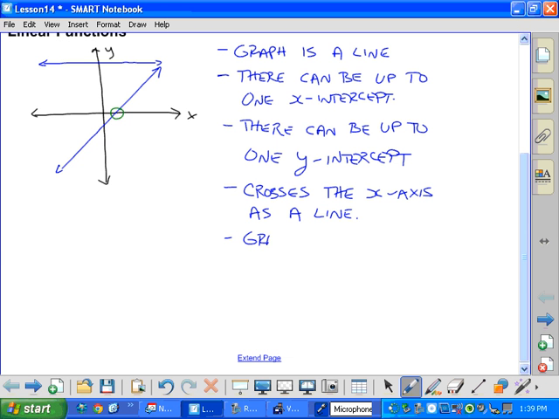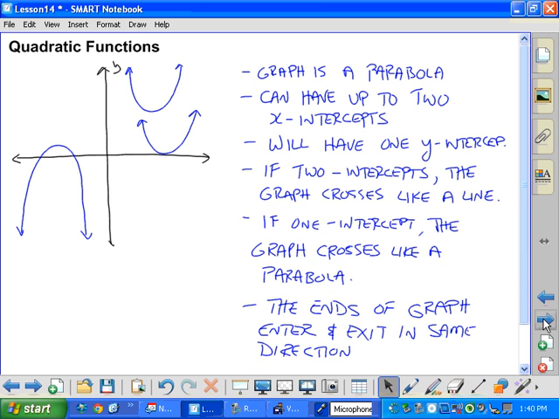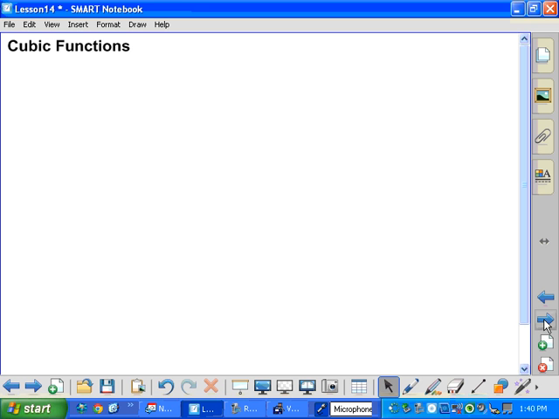So the graph enters and exits on opposite sides of the x-axis. All right. So as we move along here, that was quadratic. Now we're going to move to a cubic. And a cubic you've never seen before, so now I'm going to bring the graphing calculator in.